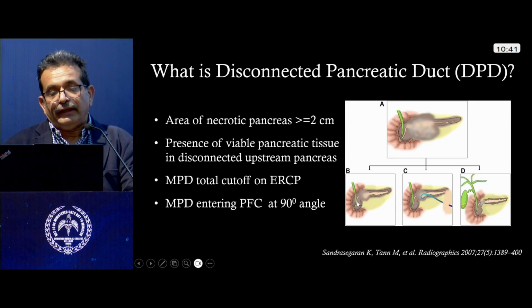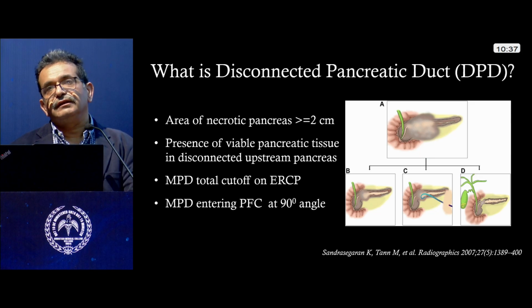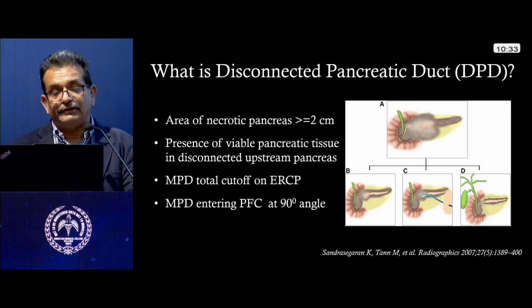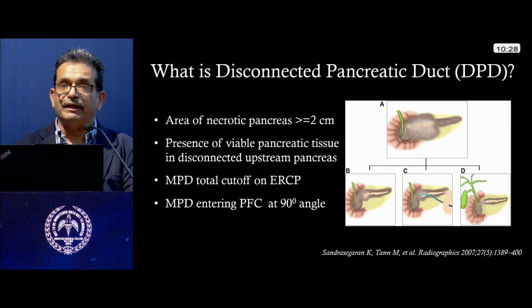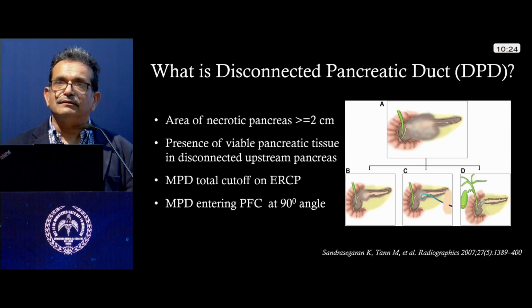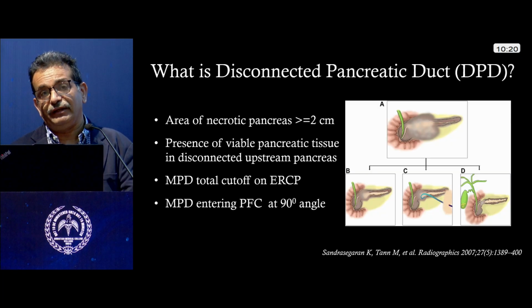So in a disconnected pancreatic duct, the area of necrotic pancreas typically is around 2 centimeters or more than that. And there has to be a presence of viable pancreatic tissue in the disconnected upstream pancreas, because if the disconnection has happened very close to the tail region, then probably this is not going to result in a disconnected pancreatic duct syndrome. That's what we need to understand.